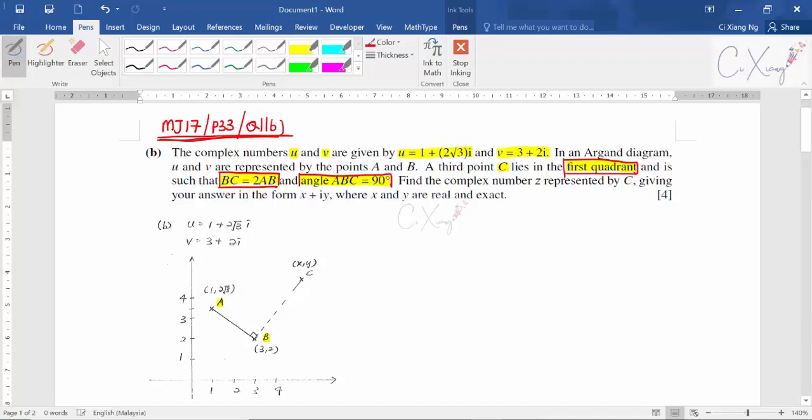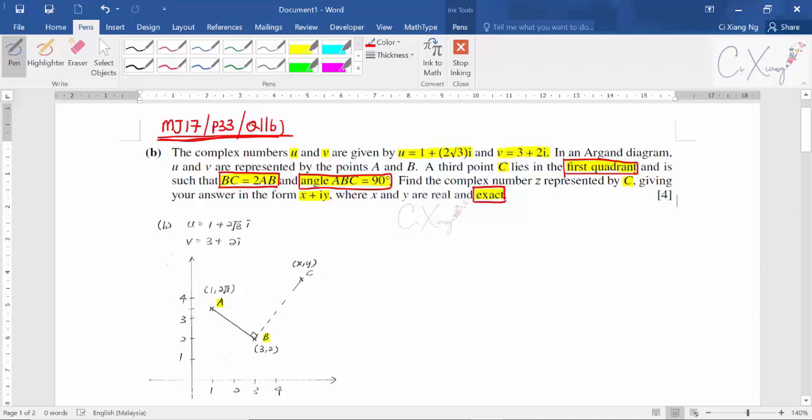So they give you three important pieces of information about the point C. They want you to find the complex number z represented by point C, giving your answer in the form x plus iy, where x and y are real and exact. Highlight the word exact. That means they don't want any decimal number in your x or y. They want the exact value.